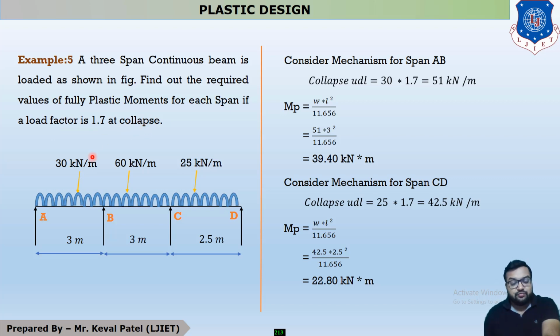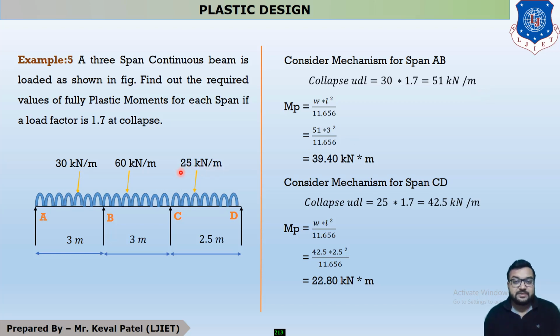So first of all, we have to find our factored collapse load. For the first span, the working load is 30, so 30 into 1.7 is equal to 51 kilonewton per meter. So for span AB, our collapse UDL is 51 kilonewton per meter.